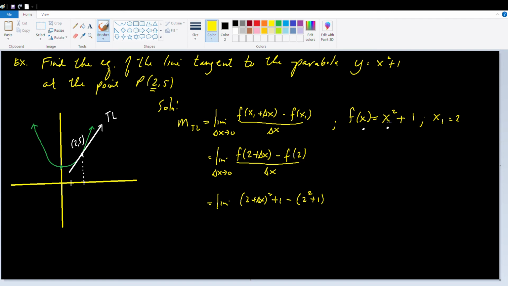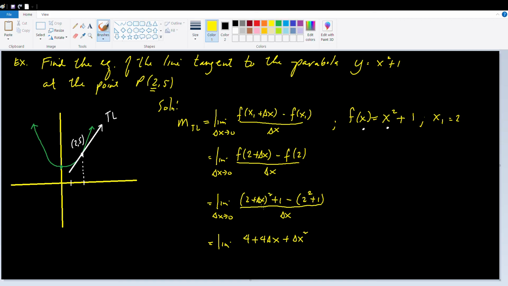Replacing x by 2, f of 2 is 2 squared plus 1, divided by delta x, as delta x approaches 0. So the limit of 2 plus delta x quantity squared, in the expanded form, is 4 plus 4 delta x plus delta x squared.